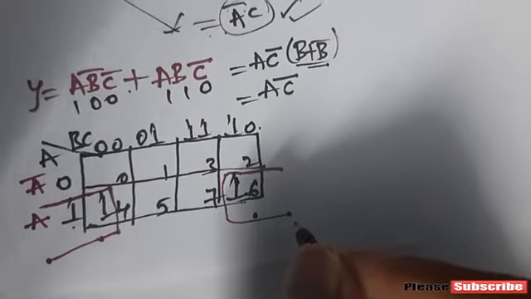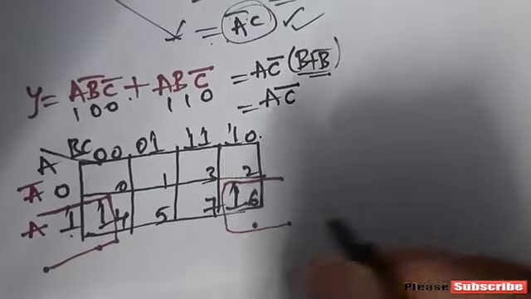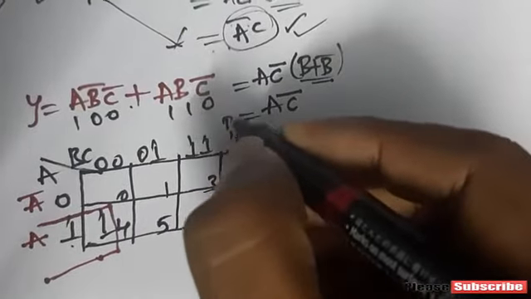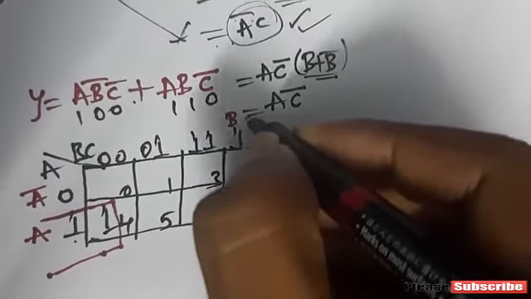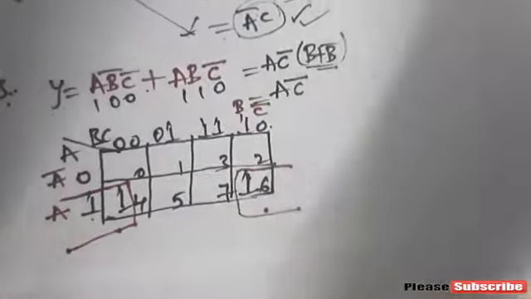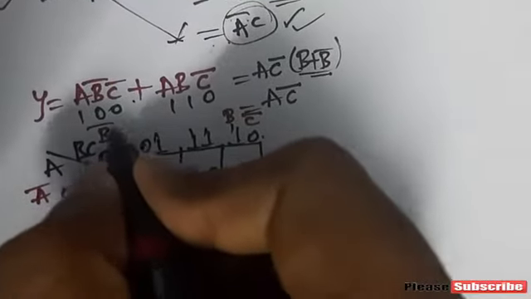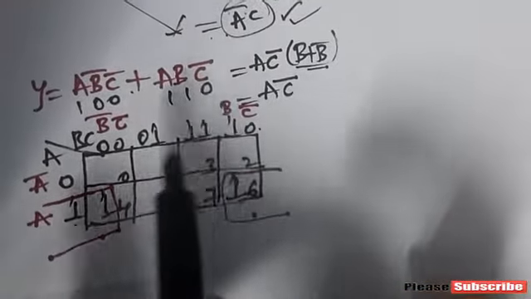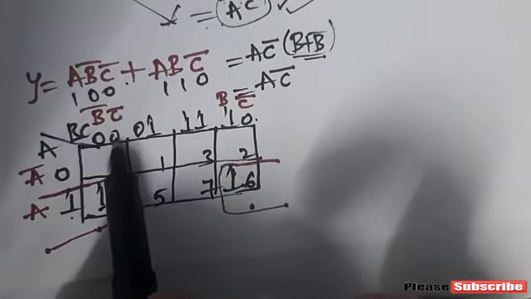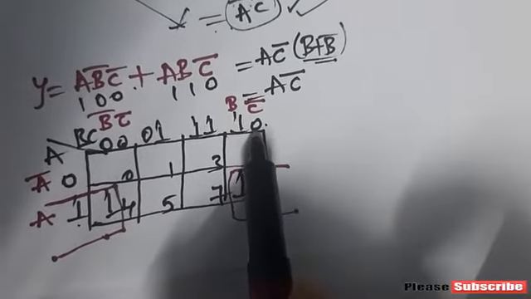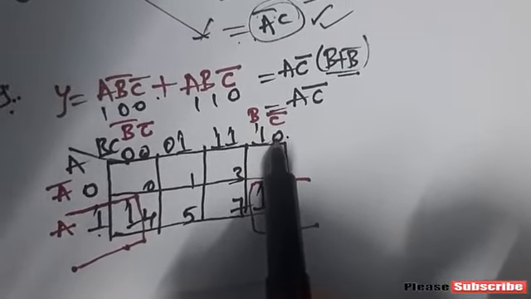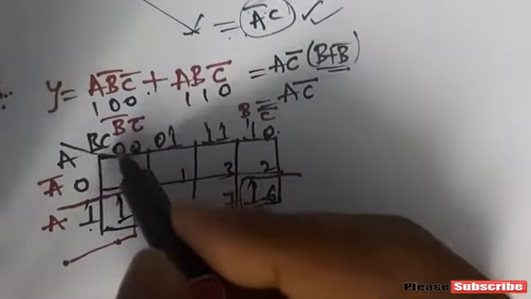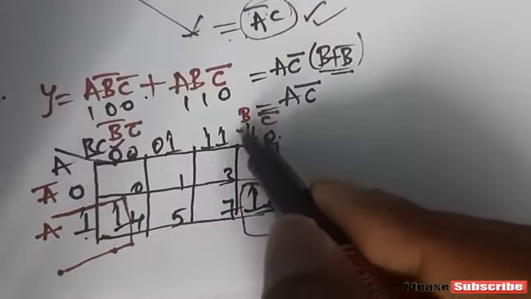Here, this will be the B C bar, this will be the B bar C bar. Here you can observe both 0 will be the common, right? C bar will be the common, but here 0 will be changed to 1.